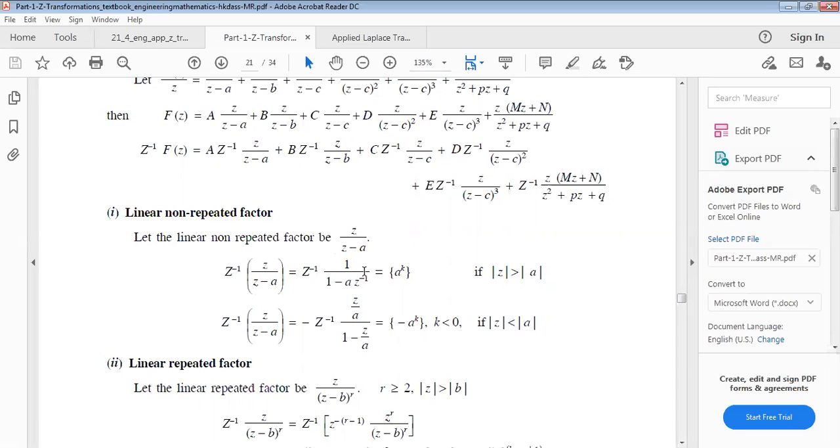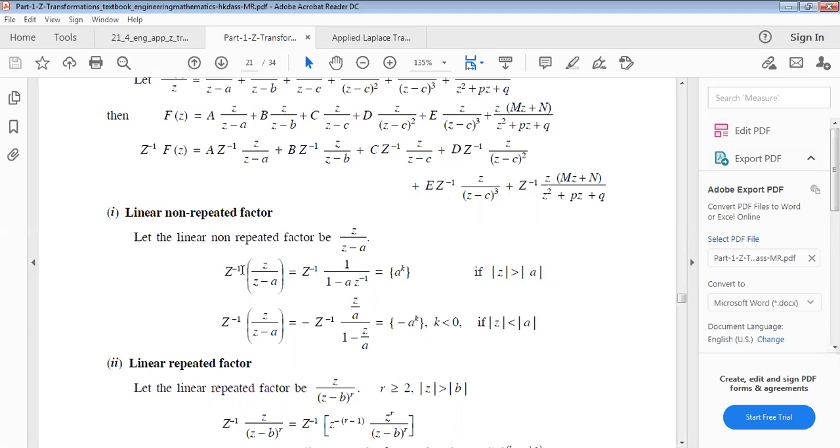How? Actually, taking z common, z will be cancelled because z is the greater one. Then this will be the sequence a to the power k. Actually this will be a polynomial of a to the power inverse 1. This is the sequence of this.